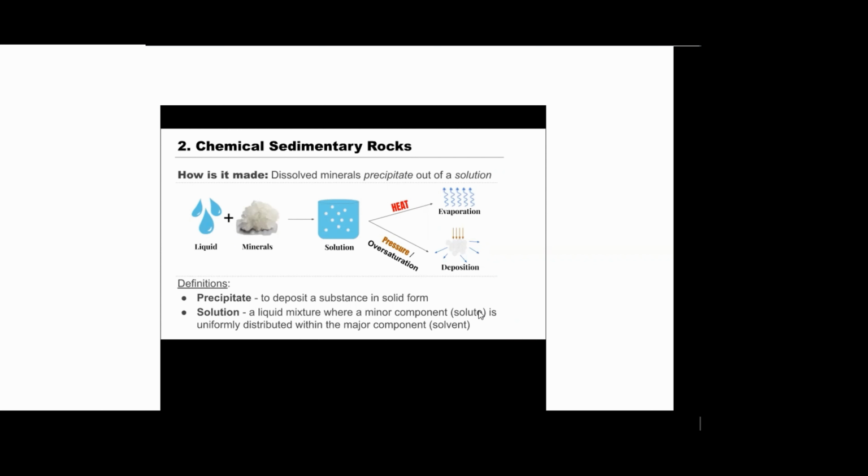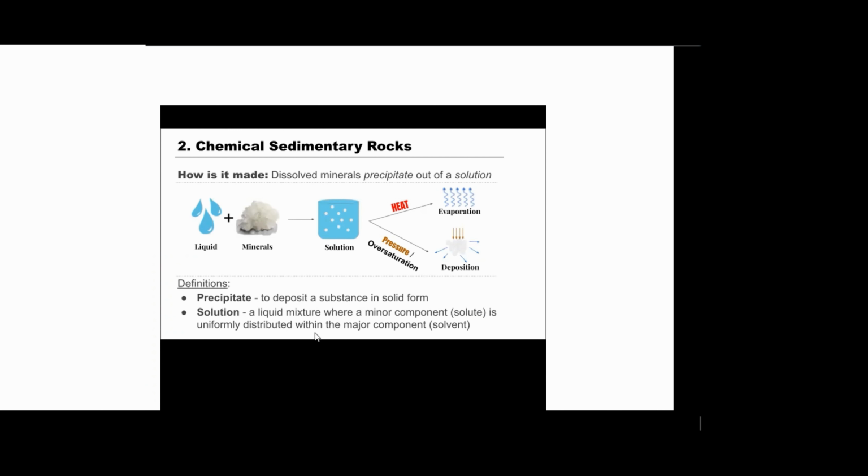So when you have those minerals floating around in that liquid and they fall to the bottom, that's what's happening here. So precipitate means to deposit a substance in a solid form. So they're going to get left behind somewhere. They're going to fall out of the solution. The liquids are going to keep going. Solids are going to stay put somewhere.